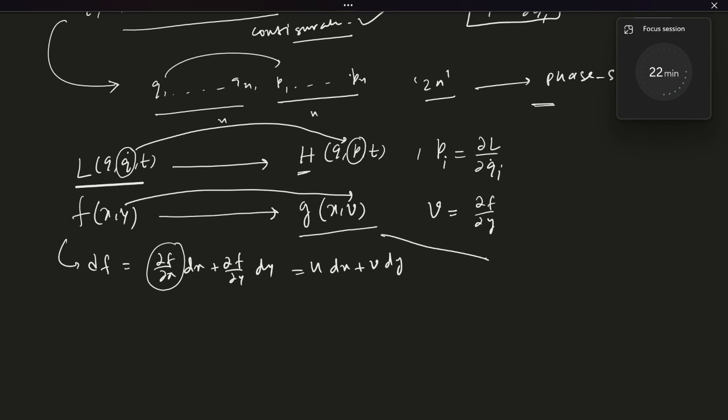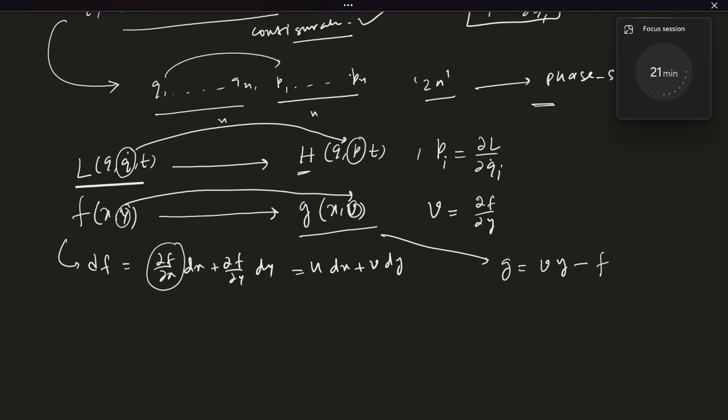In the Legendre transformation, we can write g equals v times y minus the previous function f.